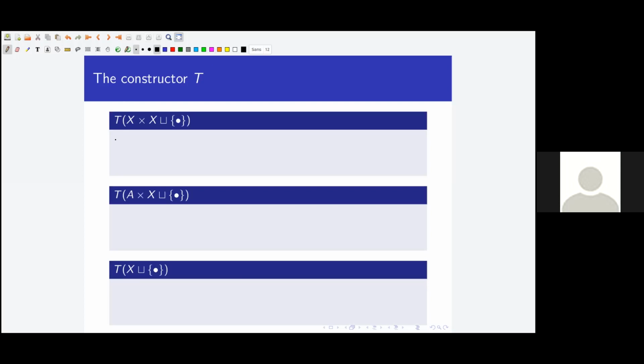Now, I'm going to draw this dot here in black because we'll be drawing white and black dots in a moment. So I don't want this one to be black. There are different notions of what people have been calling a tree constructor in the literature. There seem to be a few different versions.